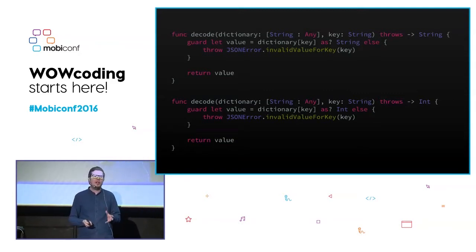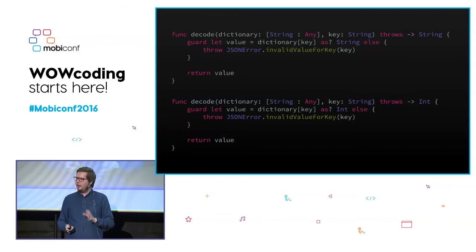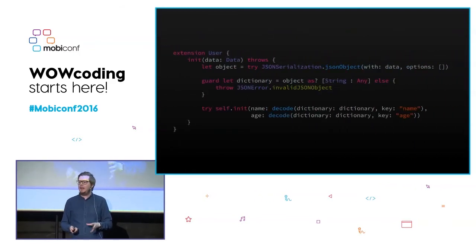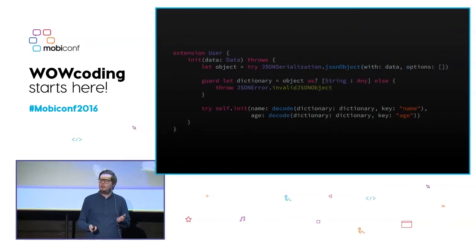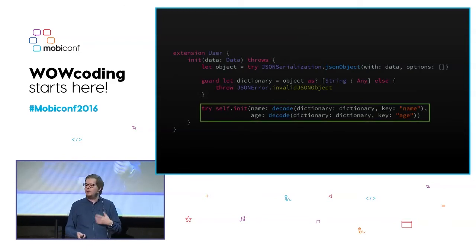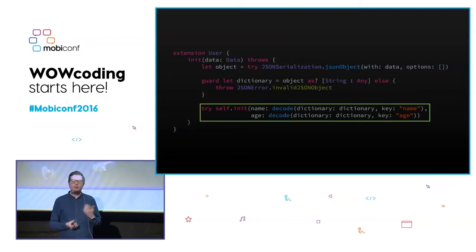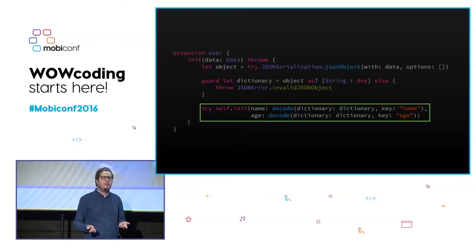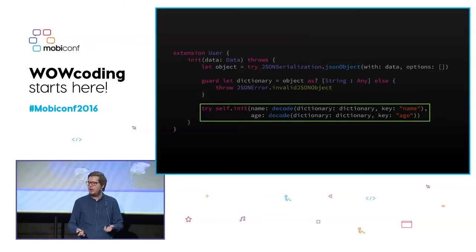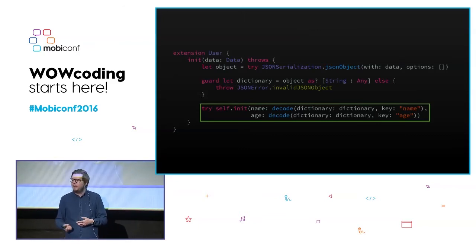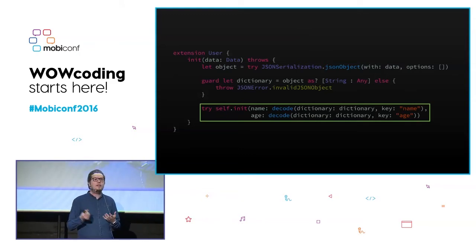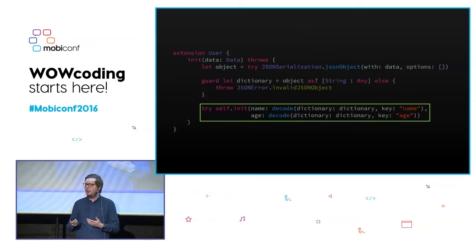So how did this change my initializer? Well, if we go back, we can now see that I can make this single call to self-init in the bottom, and I can perform a single try for that. So I've reduced the number of exit conditions that I have here in this initializer. I just have now a single try on the bottom. And also, I can call this decode function inline when I'm calling the initializer.